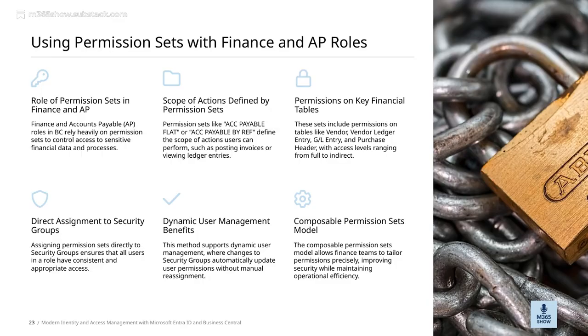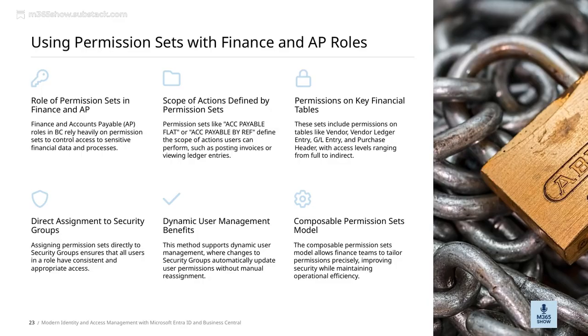For example, sets like ACC payable flat or ACC payable by ref define exactly what actions users can perform, whether it's posting invoices, viewing ledger entries, or other activities. This clarity helps us manage what users can do within the system. In the broader picture, finance and accounts payable roles in Business Central rely heavily on these permission sets.